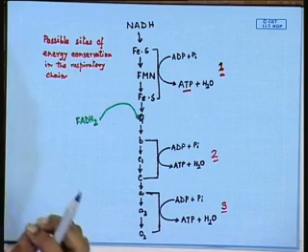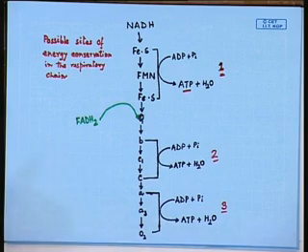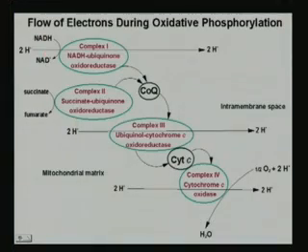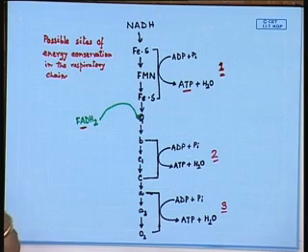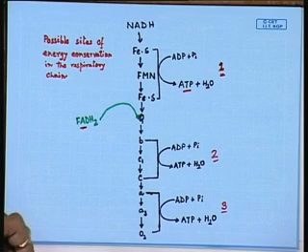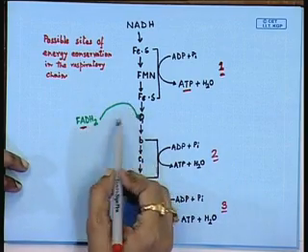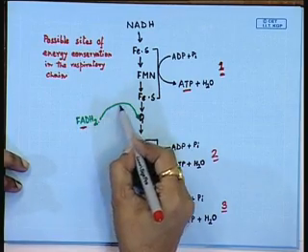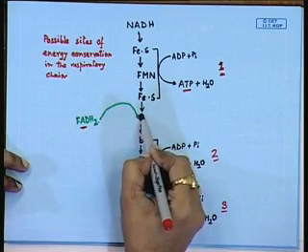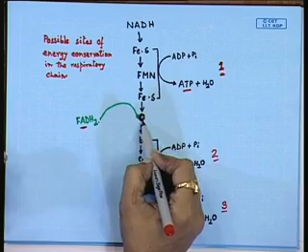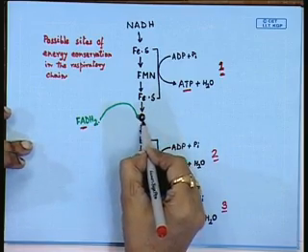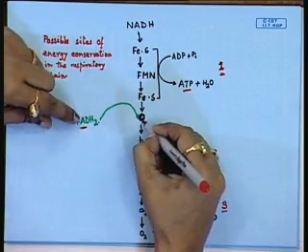Now, when this chain is continuing, FADH2 from complex 2, we have seen, is also donating its electron, and the ultimate electron acceptor is the ubiquinone, and this Q is accepting this electron.